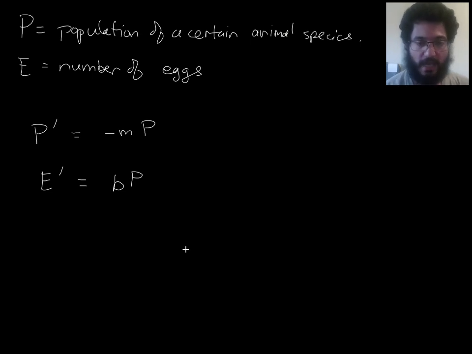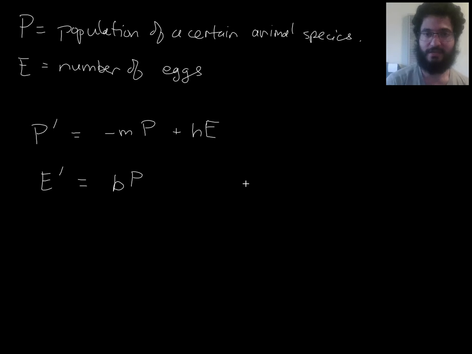So let's say that egg hatching rate is h, little h, where it's kind of a proportion of the number of eggs. So per unit time, a proportion h of the eggs that are around will hatch. So it's almost like a radioactive process, like you have a bunch of eggs, and during any given time interval, there's a certain probability that any given egg is just going to hatch.